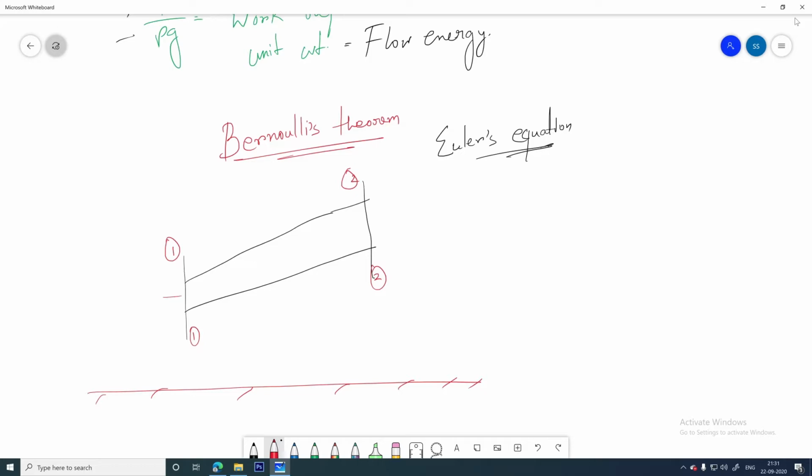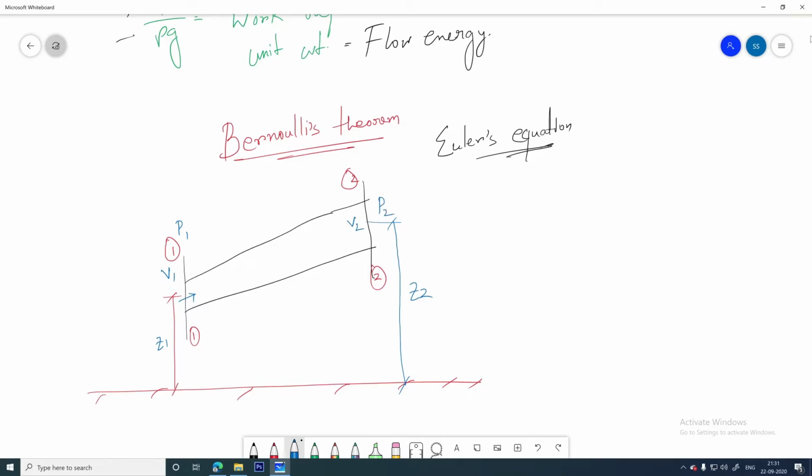So at section 1-1, if we have this height from this datum, that is z1, and here it is z2. If we have a velocity at section 1-1, that is v1, and the pressure p1 at section 1-1, at section 2-2 we have the velocity v2 and the pressure p2.